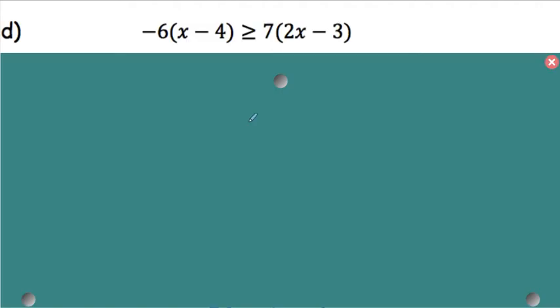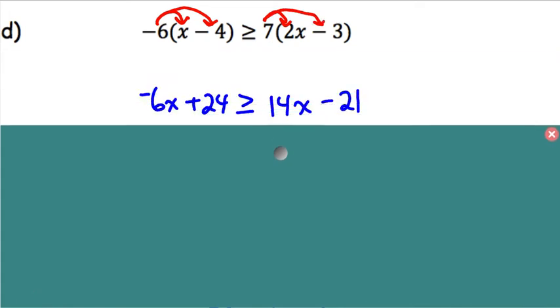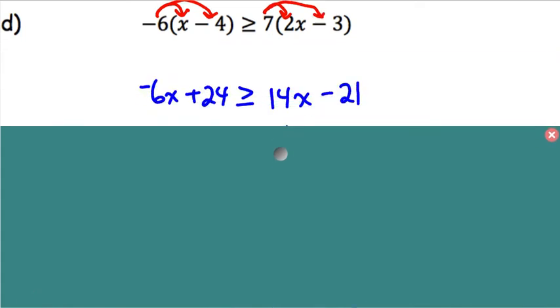All right, example D. Again, we're starting off with the distributive property. Negative 6 times x is negative 6x. Negative 6 times negative 4 is a positive 24. Over here, we have 7 times 2x is 14x. 7 times negative 3 is negative 21. So that's what we have to start off with.